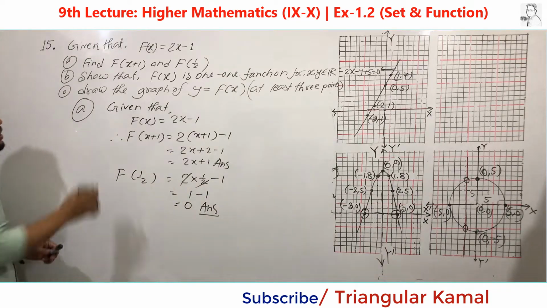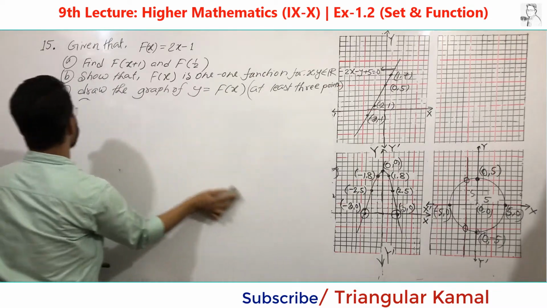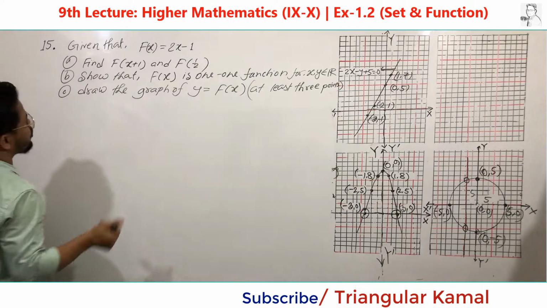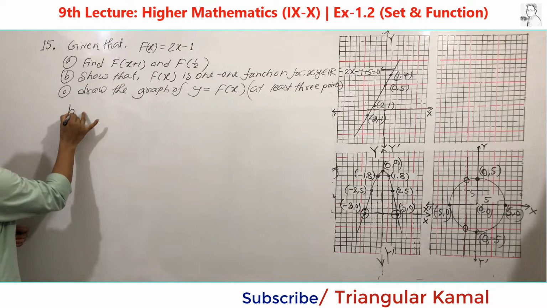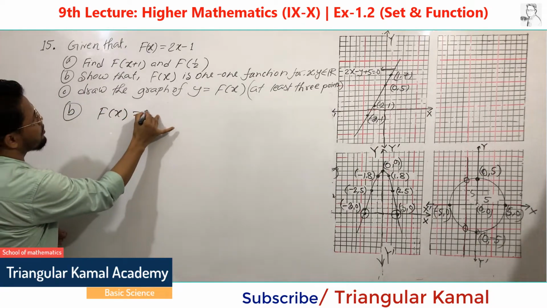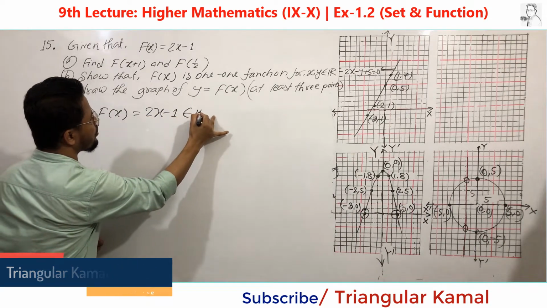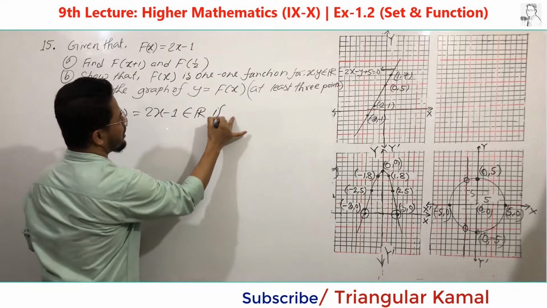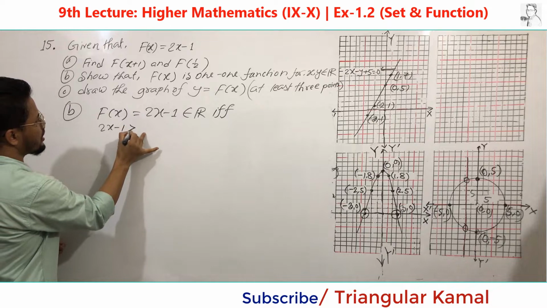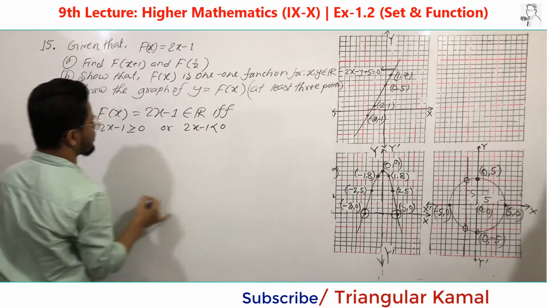Now give attention to question B, show that f of x is a one-to-one function. For a one-to-one function, the first step is you have to find the domain of the function or domain of the relation. So part B: f of x equals twice x minus 1 is an element of R if and only if twice x minus 1 is greater than or equal to 0, or twice x minus 1 is smaller than 0.